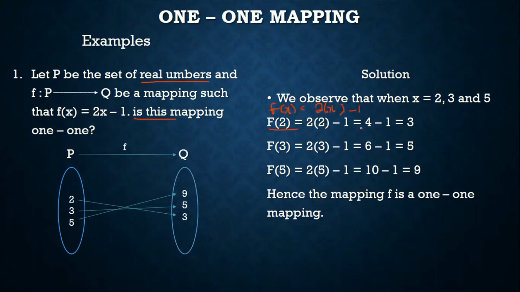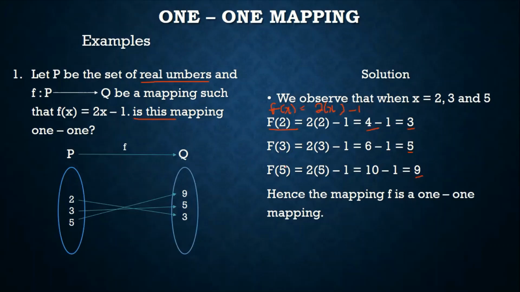So we have 2 into 2 minus 1. 2 times 2 is what? Is 4. 4 minus 1 is equal to 3. Now, same thing here. F of 3, it will be 2 into 3. That's 2 times 3 is 6. 6 minus 1, 5. F of 5, 2 into 5, that's 2 times 5 is what? Is 10. 10 minus 1 is what? Is 9. So once you've done this calculation, you should be able to draw your mapping.